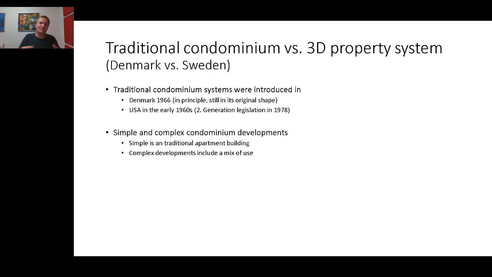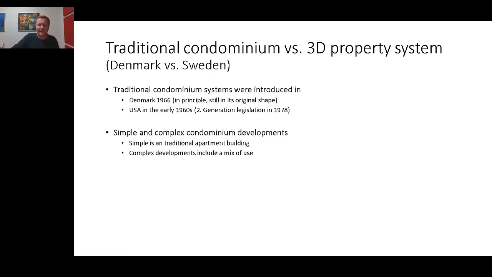in these condominium properties, you always have a common property consisting of some parts of the building and the ground and the roof, and you need to organize who has the responsibility. And in these simple cases, it's quite easy, because all condominium units have almost the same benefits of the common components. And in the complex case, you have situations where condominiums with different use have different use of the common components.